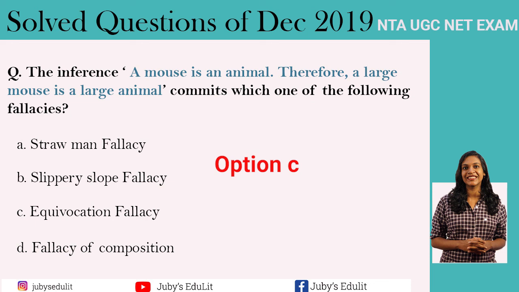Now the third one, which we have already discussed, is the right option, equivocation fallacy. And the last one is the fallacy of composition. What is fallacy of composition is that it is an error of assuming that what is true of a member of a group is true for the group as a whole.